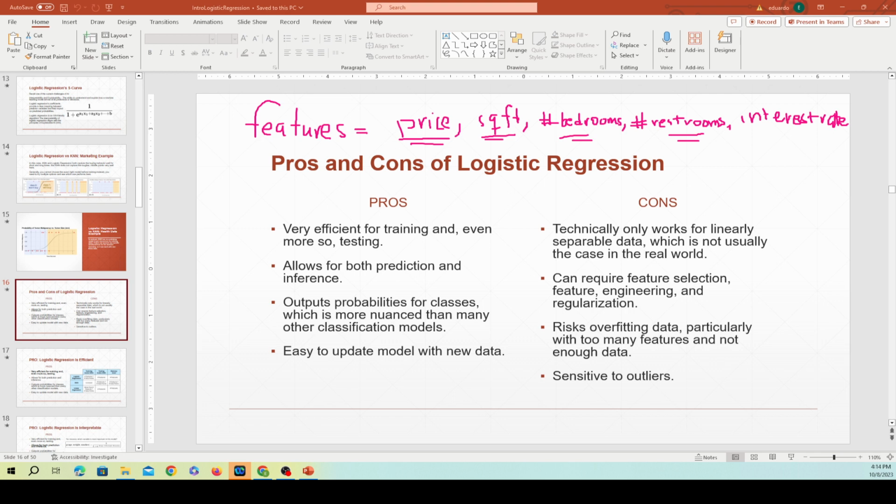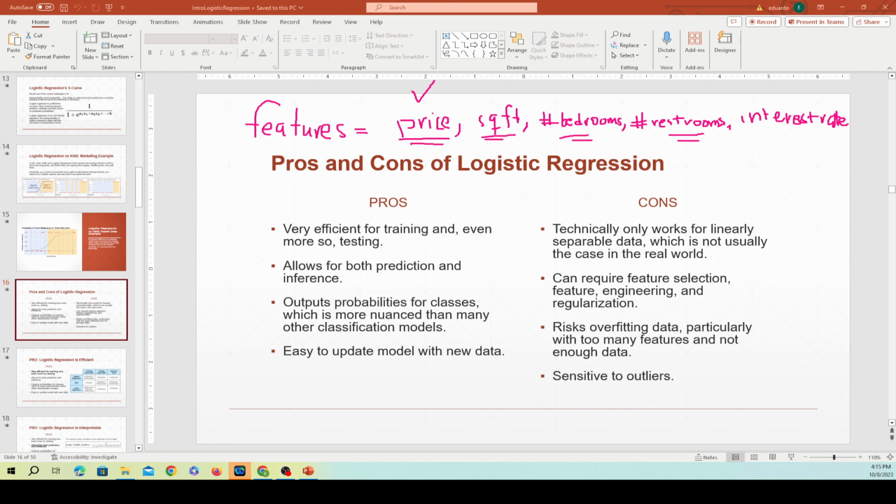We don't want the price of the house to influence too much the determination of whether you're going to buy the house or not. We don't want it to outshine the values of the others. So we want to normalize the data, and that is called feature engineering, modifying your feature values.